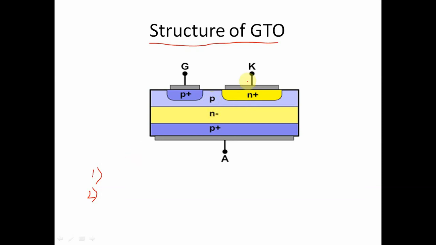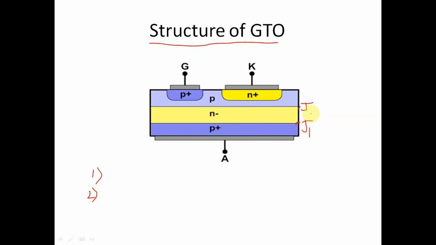Fourth point is that there are three junctions present in the structure of GTO. First junction is present between the P plus and N minus region. P plus is heavily doped and N minus is lightly doped. Here the first junction is generated. Due to the P region and N minus region, the second junction is generated.